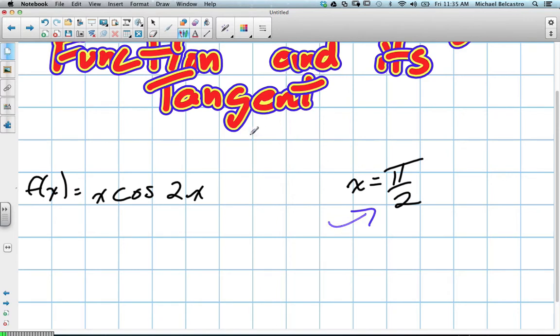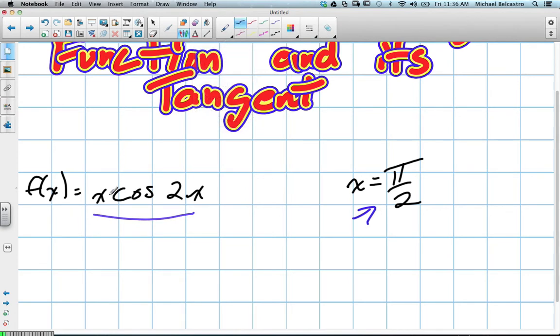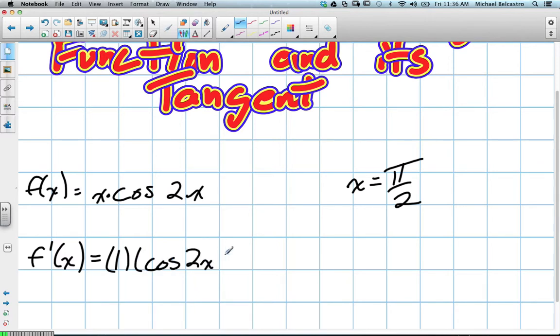Because we're looking for the equation of a tangent, we need to find the rate of change at this specific point, which means we need to derive our original function. So this, again, becomes a product rule. F prime x, we take the derivative of x, which is the value of 1, multiplied by cos 2x, plus our original x, times the derivative of cos 2x.